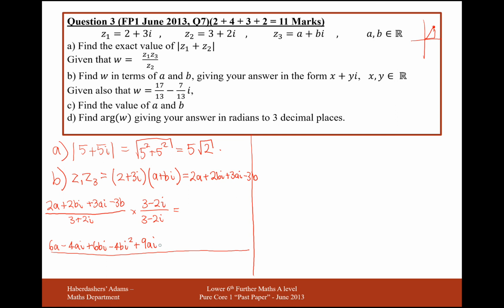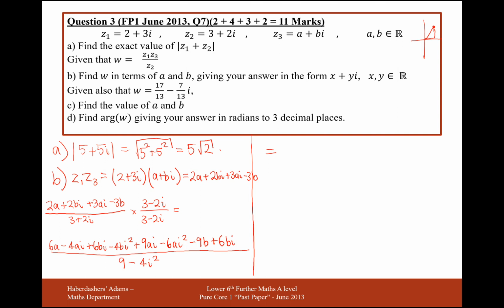And the next one is going to be minus 6ai squared. And the last two are going to be minus 9b and plus 6bi. And on the bottom it's going to be 3 times 3 is 9, plus 6i minus 6i minus 4i squared.